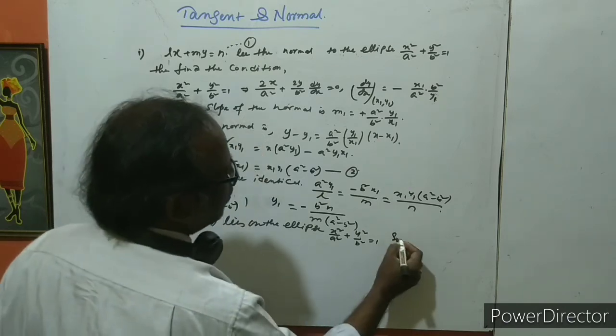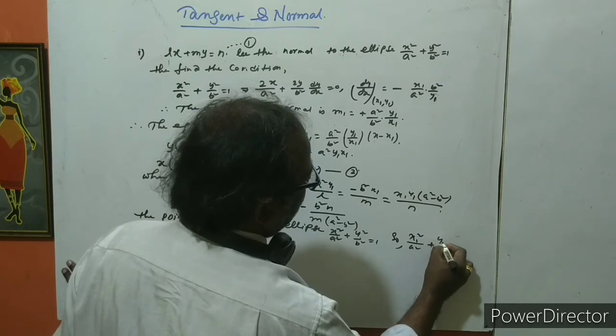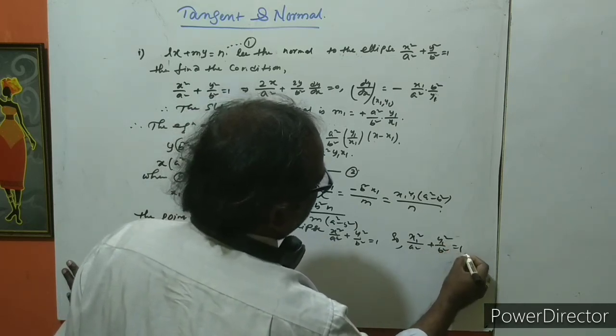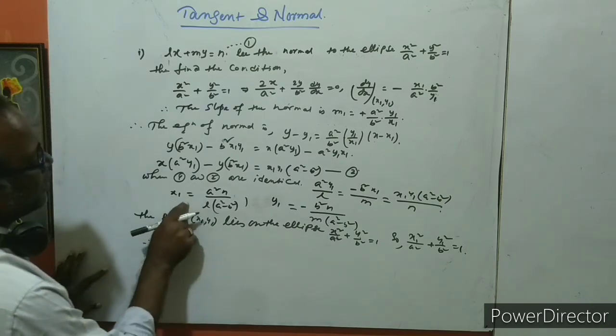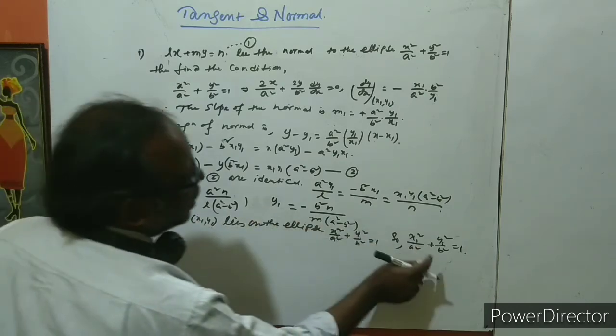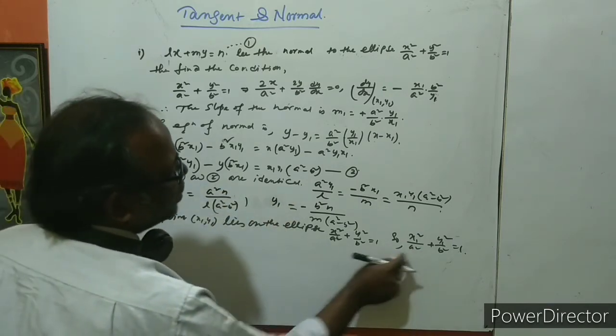so x1 square by a square plus y1 square by b square equals 1. Substitute this value of x1 and y1 to this curve.